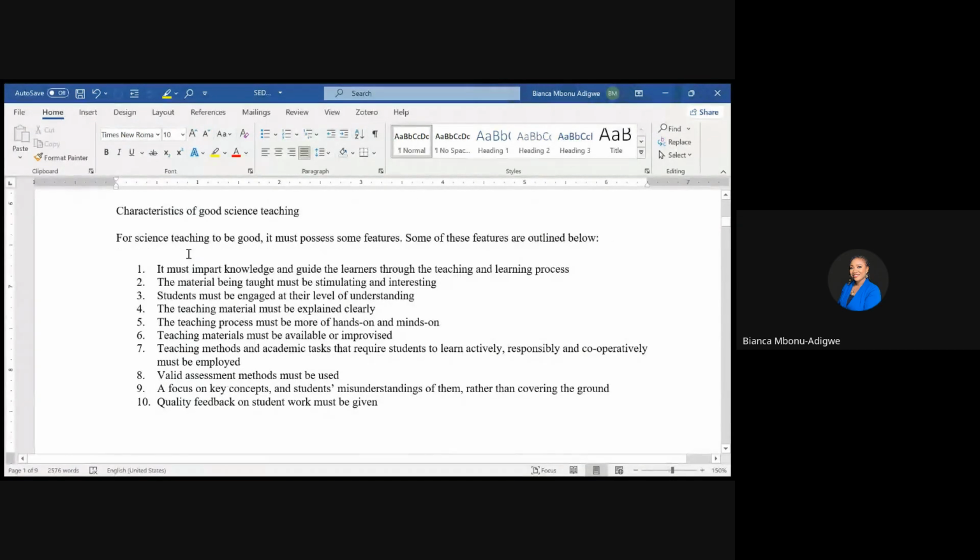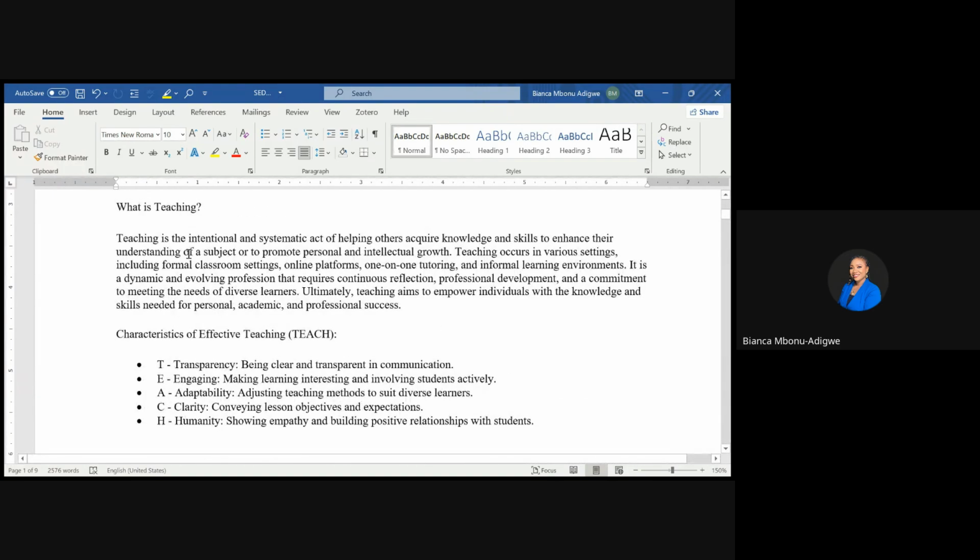From that acronym TEACH, we came down and brought out some characteristics of good science teaching. Remember that the first one we said was effective teaching, and effective teaching means that you are intentional and systematic about it. Knowledge must be transmitted. That is intentional.